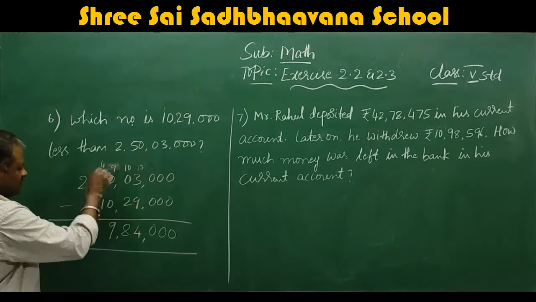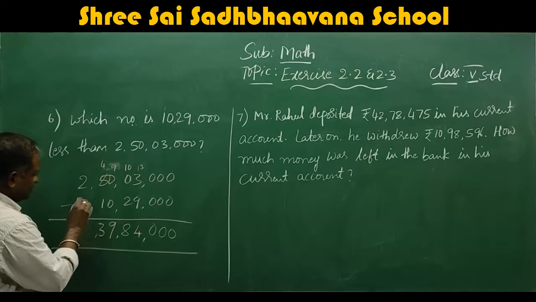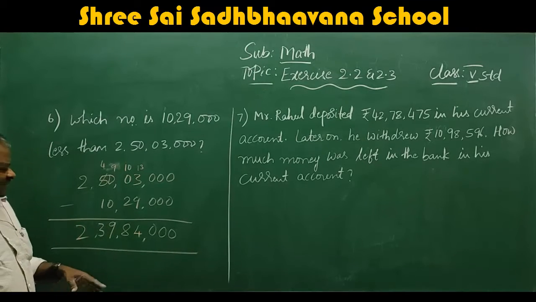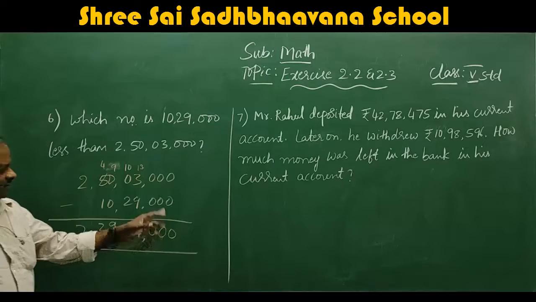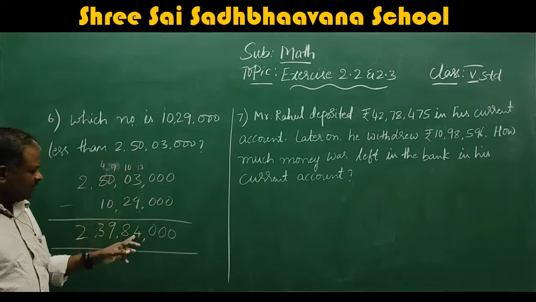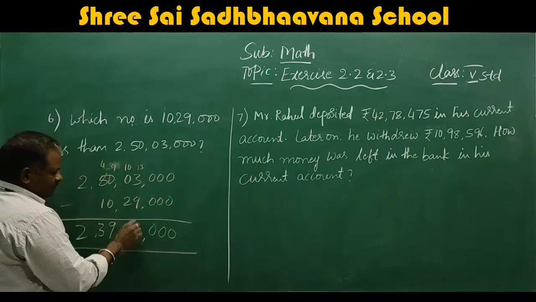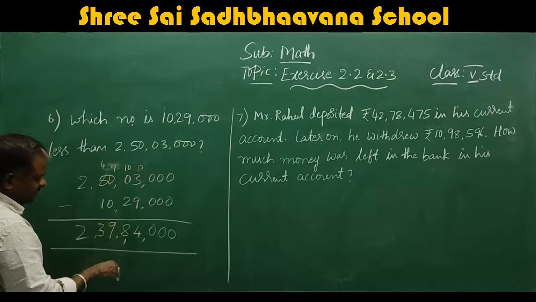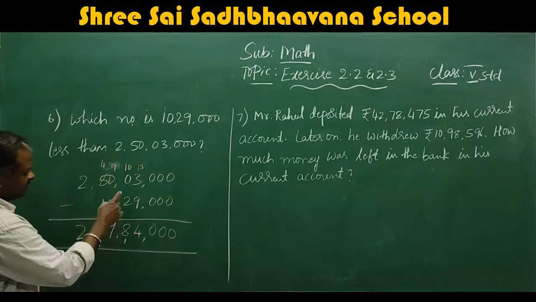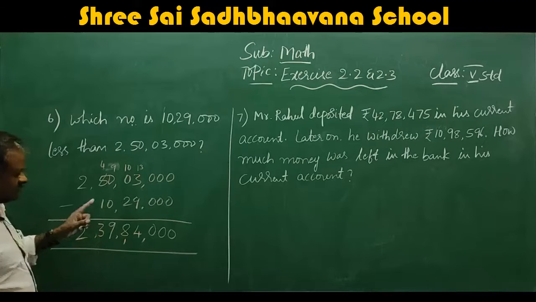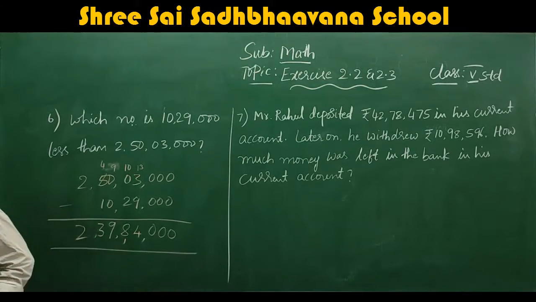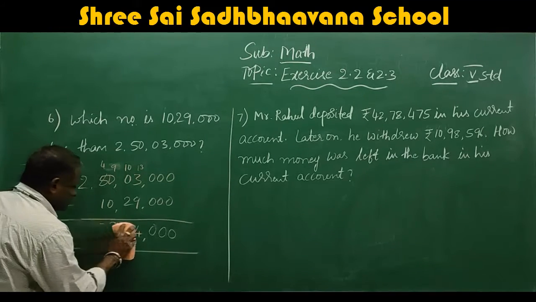This becomes 4. 4 minus 1, 3. So 2 as it is. We will cross check it. 0, 0, 0. 14. 4 plus 9, 13, carry 1. 8 plus 2, 10 plus 1, 11. So what we have done is wrong. For that reason only we have to cross check.